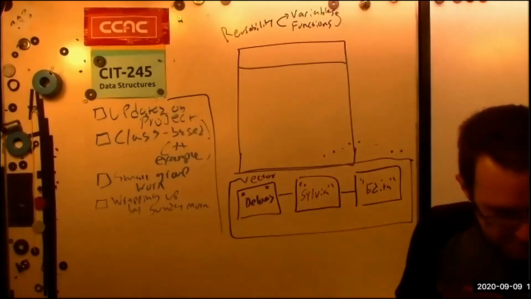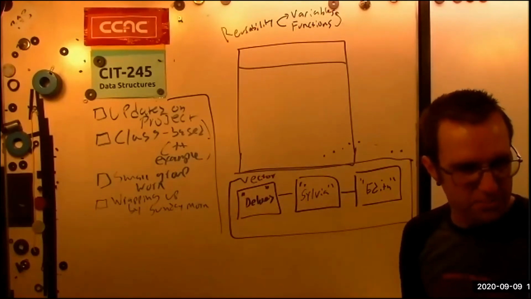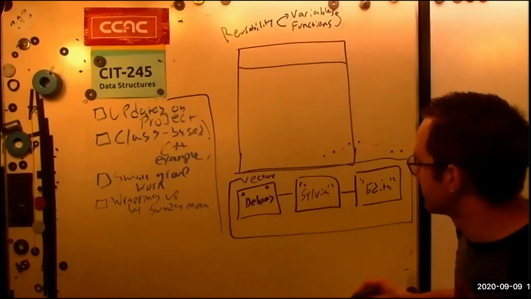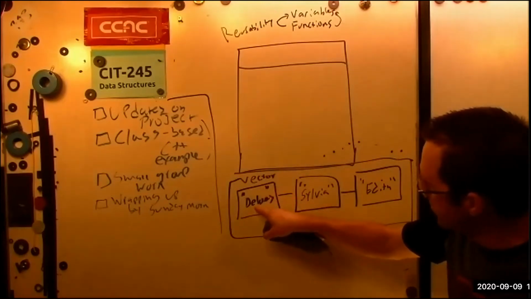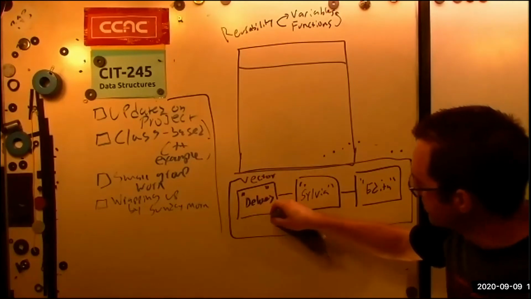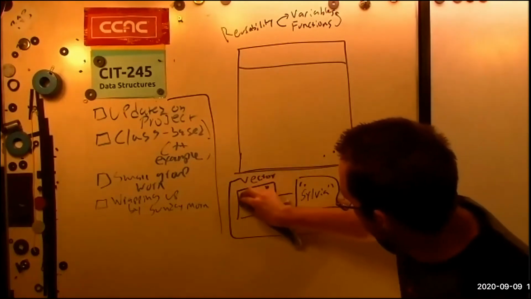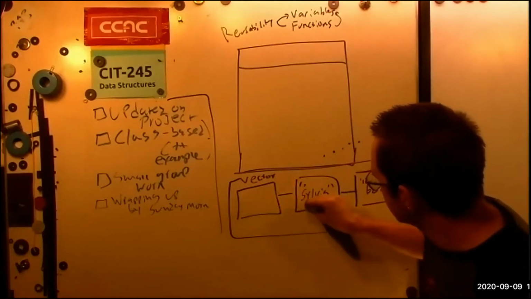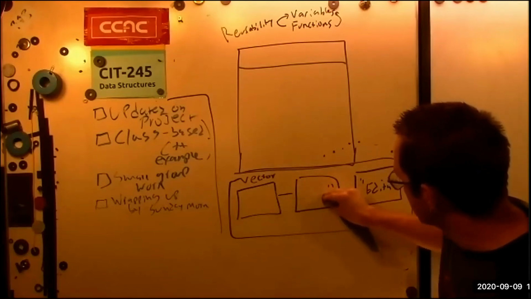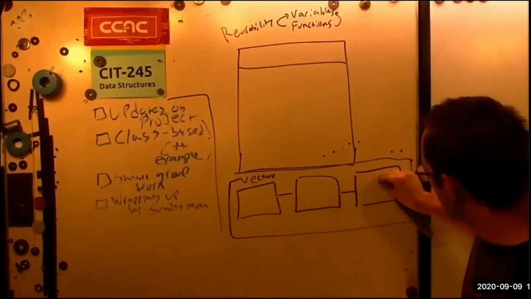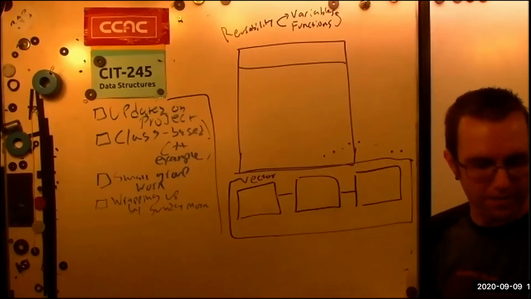And so what I'd like to work through as a group today is how could we take the next step and say, well, instead of just storing the individual names, what if we could store an entity, in this case, an object that contains a variety of pieces of information about that candidate.